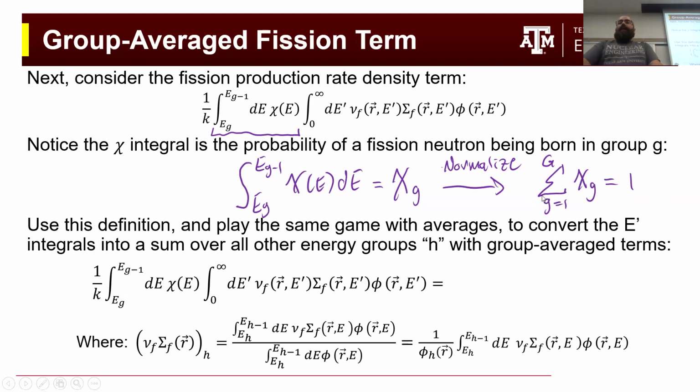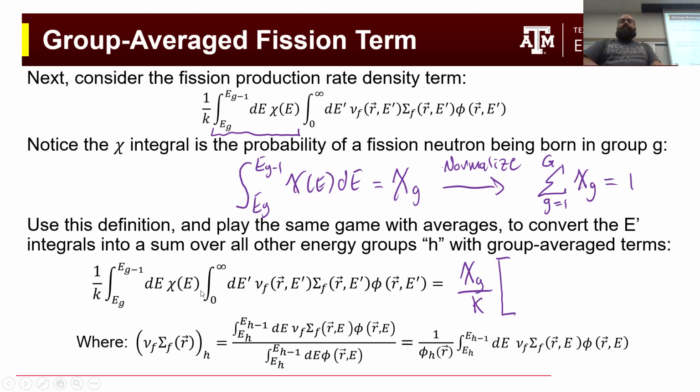And so if I recognize this definition, then for that fission production term, what this little integral is, is just chi g. So this looks like chi g over k. And then I've got this other integral over all energies.